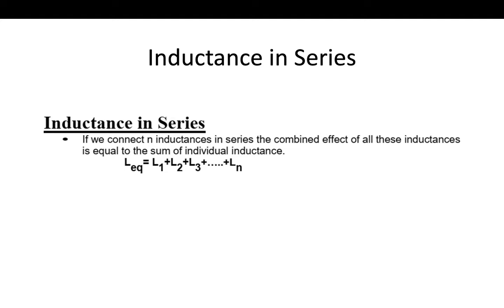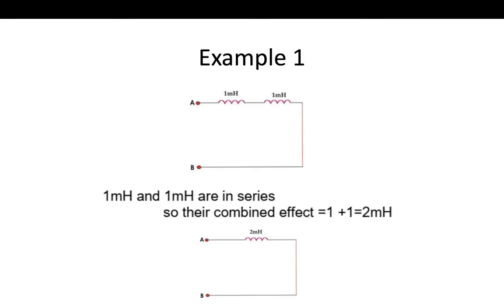If we connect n inductors in series, the combined effect of all inductances is equal to the sum of the individual ones. It is the same as the resistor. If more than two inductors are connected in series, the combined effect will be the total sum of all inductors in the circuit.